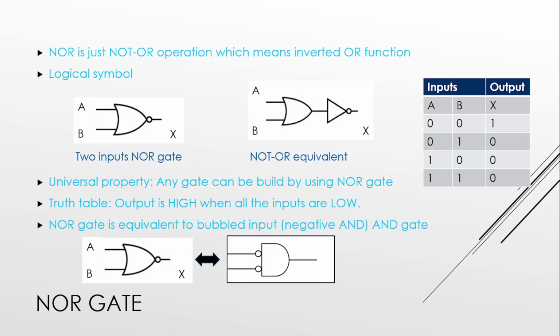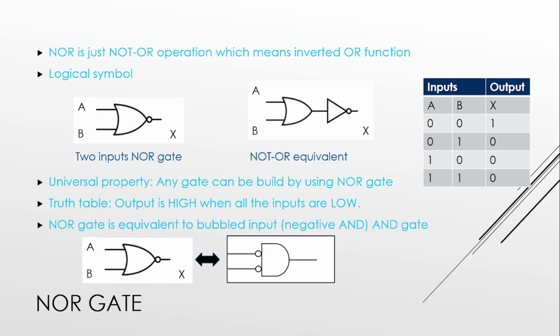A and B are the inputs and X is the output. It simply means it is the OR gate where towards the output an inverter or NOT gate is connected to invert its output.